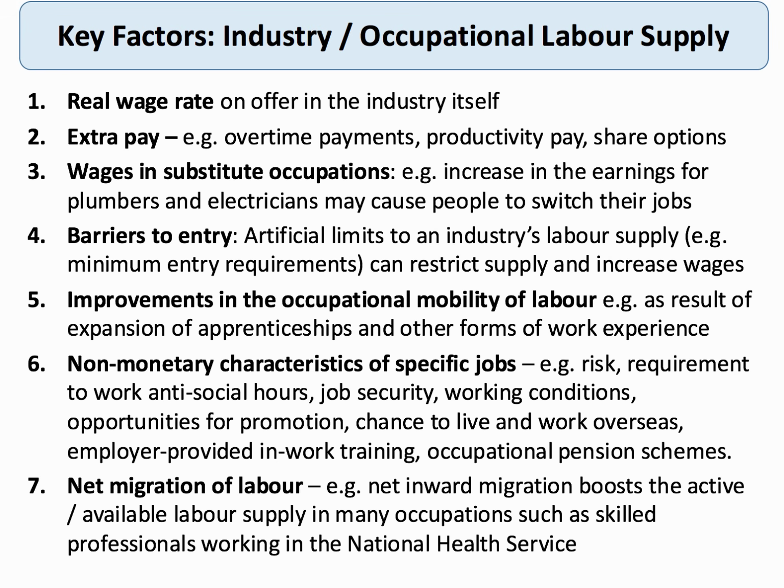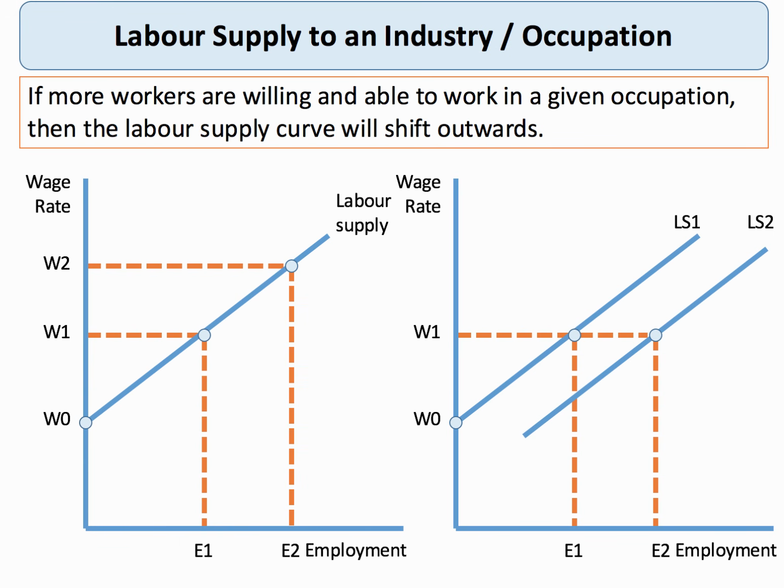And we know, finally, in point 7 there, that labour supply to particular jobs is influenced by the level of net inward or net outward migration from a country. So, for example, in the UK, in recent times, we've had quite strong net inward migration that has effectively increased the available labour supply in many markets, in particular in farming, in caring and catering, and people working in the National Health Service.